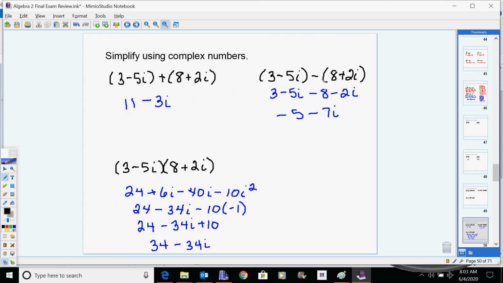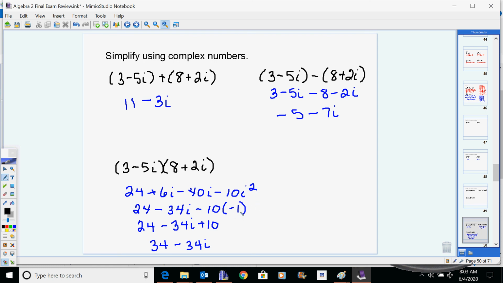Okay, if you have a minus, it's a little bit more because you have to remember to distribute the negative first before putting the like terms together, just like if it was just a regular old binomial. Here, multiply and make sure that you distribute both terms to both terms. But then at the end, realize that i squared will always be a negative 1.